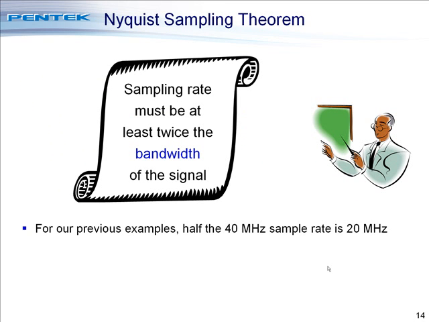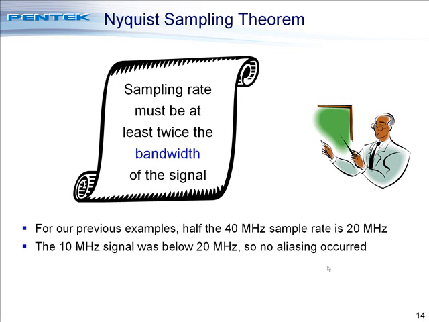In our previous examples, half of the 40 megahertz sampling rate that we used as an example is 20 megahertz. The 10 megahertz signal was below that 20 megahertz limit, so no aliasing occurred.